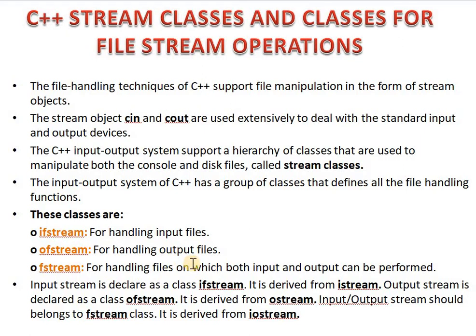That means an output stream is defined as an ofstream, and the last one is the fstream class. The fstream class is mainly used for handling files where both input and output can be performed. The fstream class is defined for handling files, and it is derived from the iostream class.